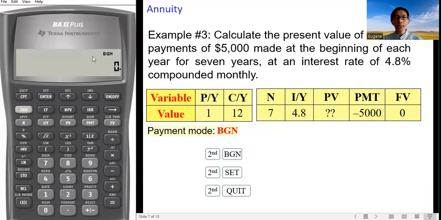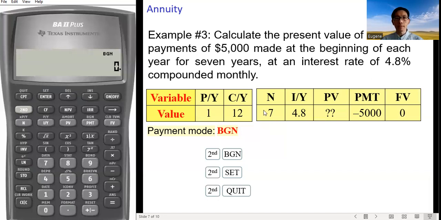Make sure the BGN indicator is on, and then key in the frequency. Activate the frequency worksheet. PY is 1. And then CY is 12. Quit the frequency worksheet.